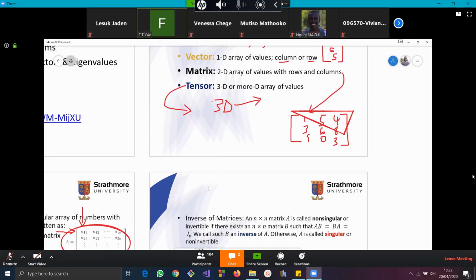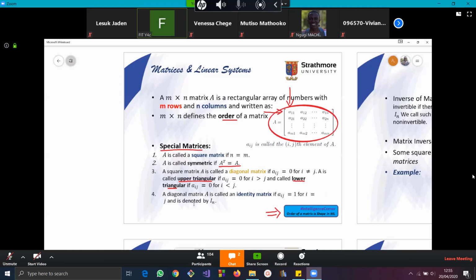So we call that an upper triangular matrix. Finally, a diagonal matrix is called an identity matrix if Aij is equal to 1 on the diagonal. For 2 by 2, the identity matrix will look like this: 1, 0, 0, 1. This is the 2 by 2 identity matrix. It's going to be an important matrix for us.